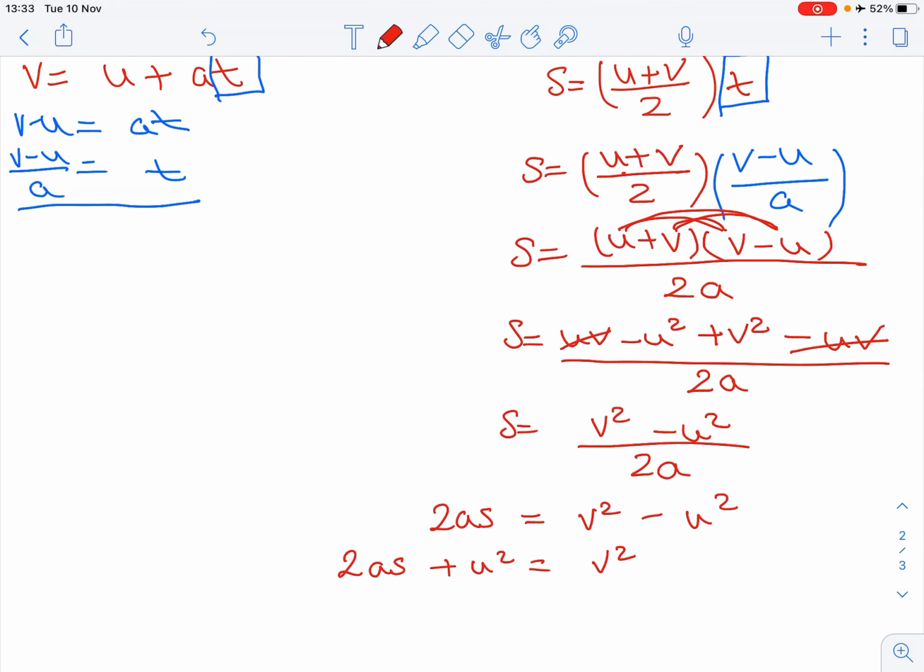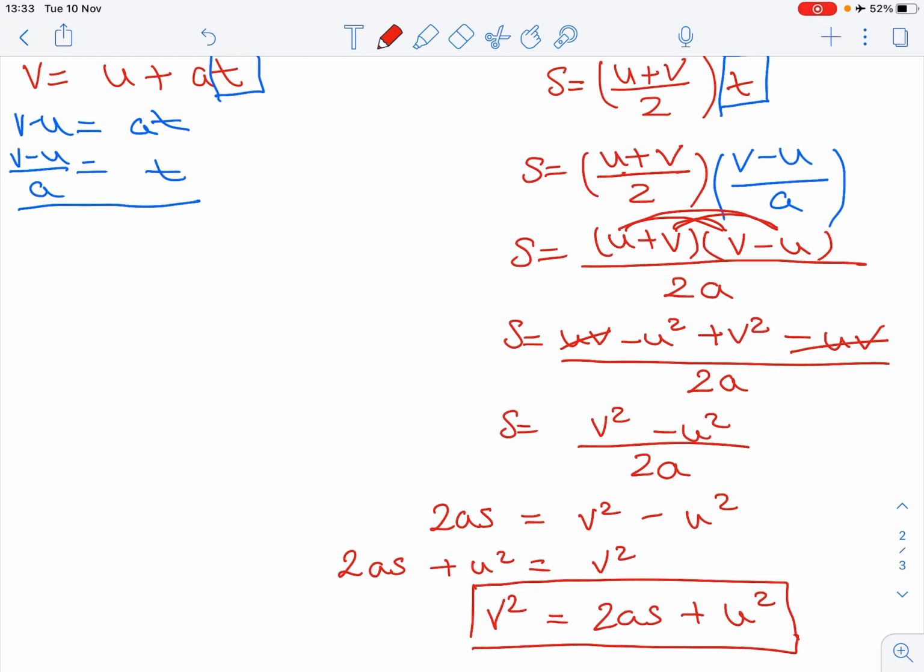Now we have our third equation, v squared equals 2as plus u squared. This is the third equation you have to learn and know how to derive. We use this formula when we have s, u, v, and we're given an a, but we're not given t.